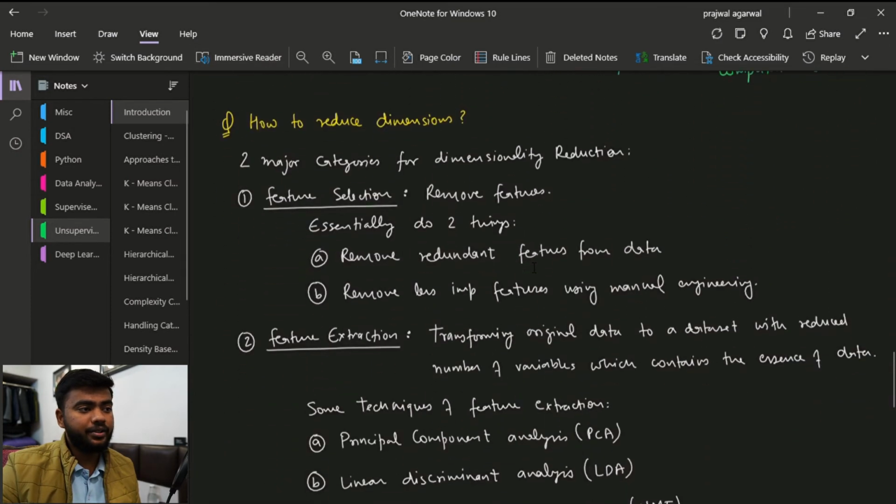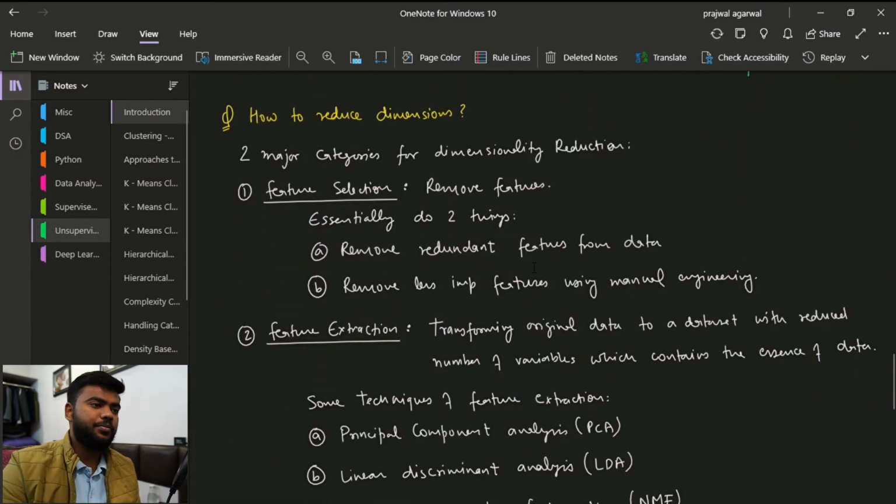And how do we reduce the dimensions? We have two major methods to reduce the dimension. First, we have feature selection, then we have feature extraction. In feature selection, we basically select which features are important and which are not, and we just ignore the irrelevant features and consider the relevant ones. We also remove redundant features.